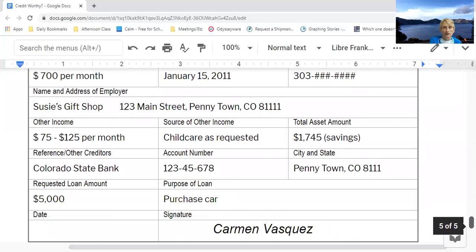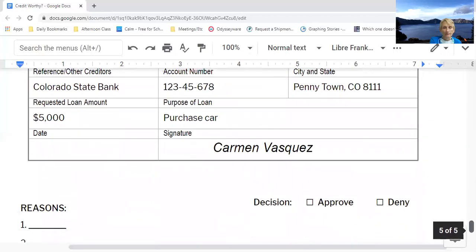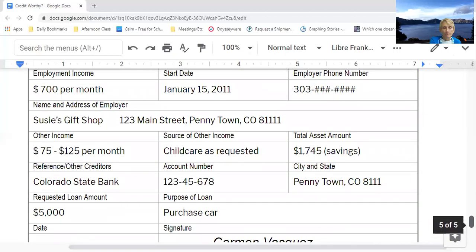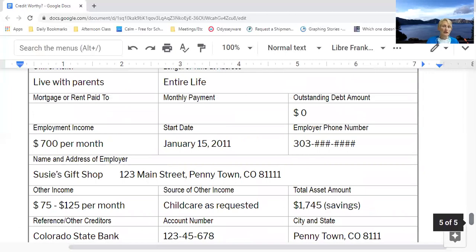So each one has a little different situation. And remember things like their assets, by the way, assets, that is your capital, right? So when it says total assets, when we're doing accounting, assets are the things we own. So that would go under the capital.